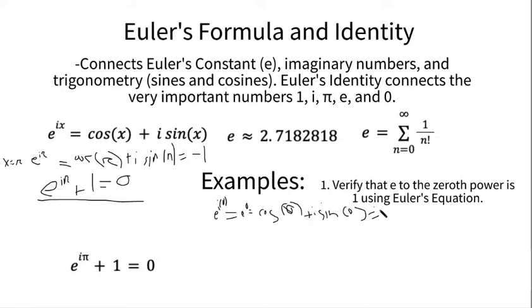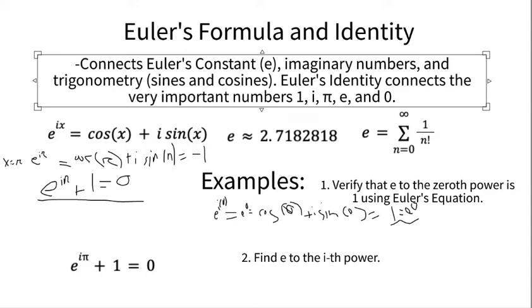And cosine of 0 is 1. So equals 1. Same thing, equals e to the 0. So this proves that it does equal 1, and Euler's formula does make sense for x equals 0.